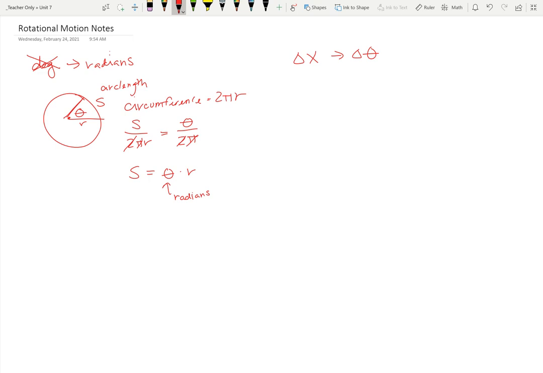And in linear motion, we have velocity is the change in position over time. And so that gets transcribed to omega is equal to change in the angle over time. And that's going to have units of radians per second, or inverse seconds if you get tired of writing rad. And this is the angular velocity.